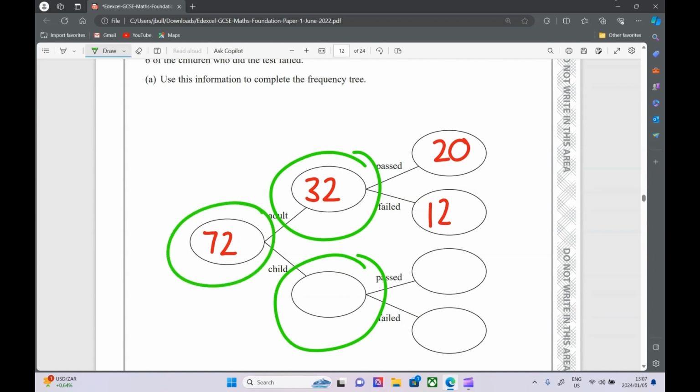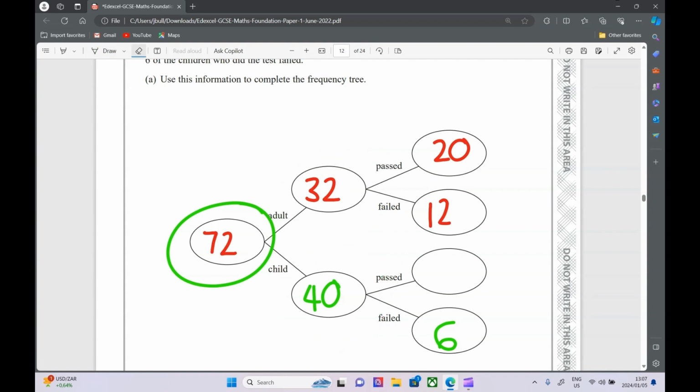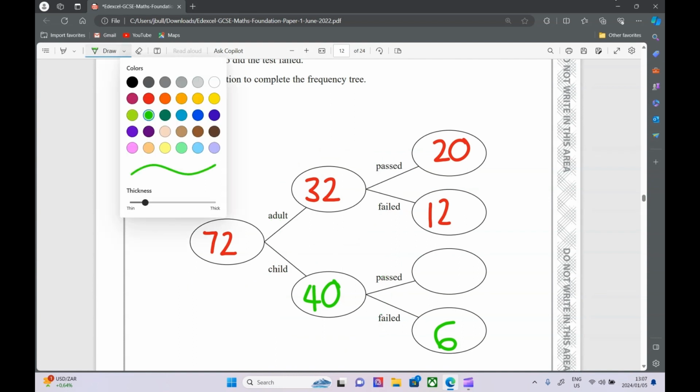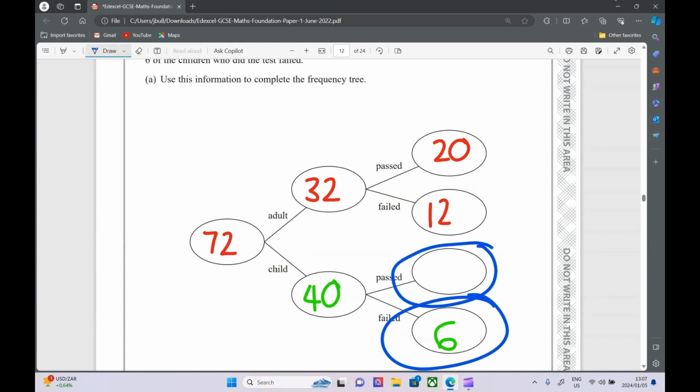So 32 plus 40 would give me 72. So I've worked out how many children there are. They say 6 of the children failed, so I'm going to put that in there. And then remember, again, these have got to add up. So we can then say this plus 6 has to give me 40.